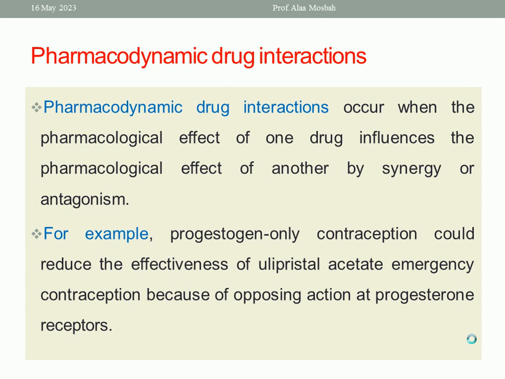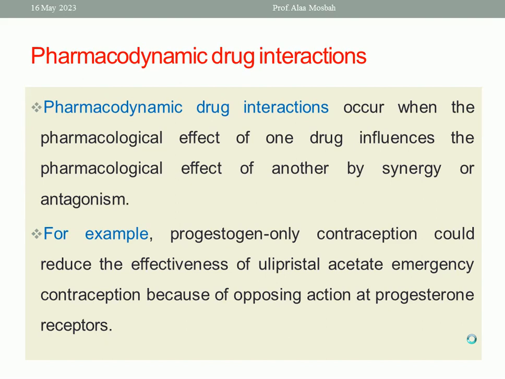So give me an example please for this. When a woman is taking progesterone-only pills and has missed some pills and she is in need of emergency contraception, and we give her ulipristal acetate as an emergency contraception, here progesterone-only contraception could reduce the effectiveness of ulipristal acetate because of what?